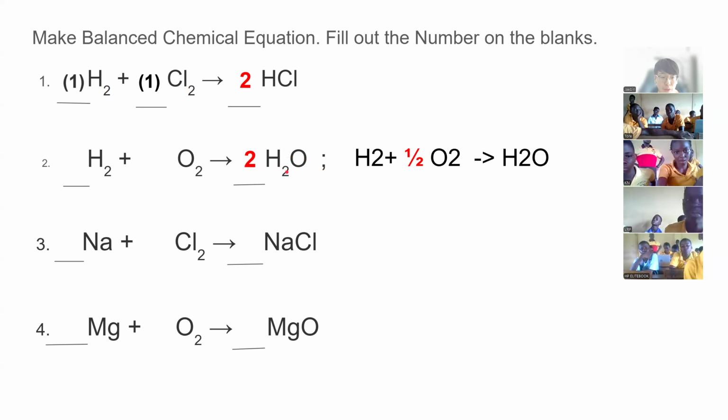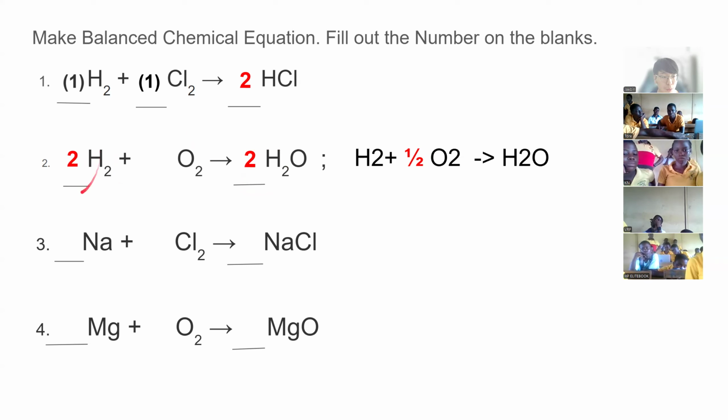This becomes 4 hydrogen atoms and 2 oxygen atoms on the right. Oxygen on the right equals oxygen on the left, so oxygen is fine, but hydrogen is not, because we have 4 hydrogen on the right but still 2 hydrogens on the left.